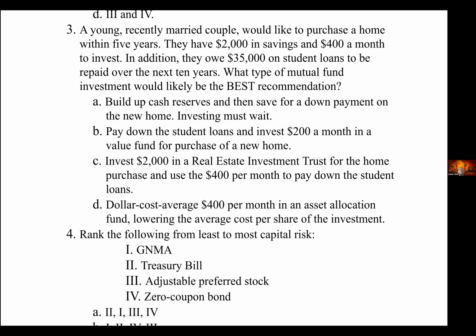B, pay down the student loan, invest $200 a month in the value fund for purchase of a new home. C, invest $2,000 in a real estate investment trust for the home purchase and use $400 per month to pay down the student loans. D, dollar cost average $400 per month in an asset allocation fund, lowering the average cost per share of the investment.